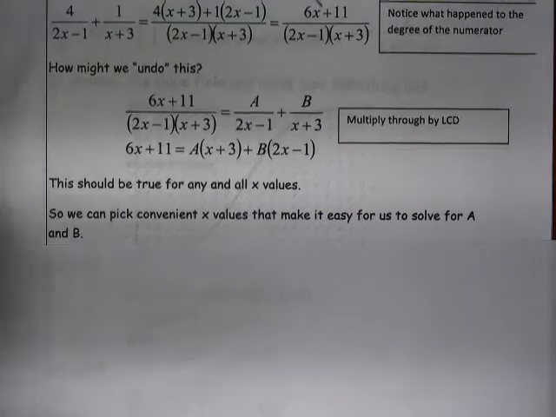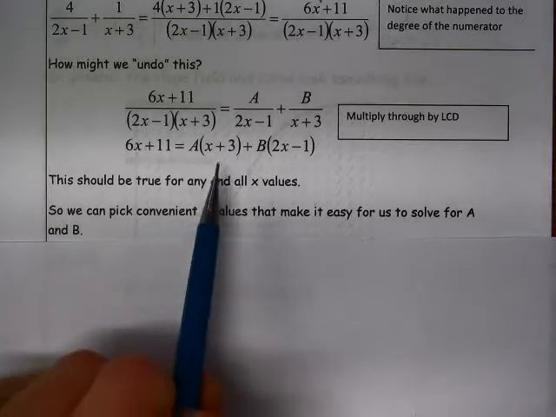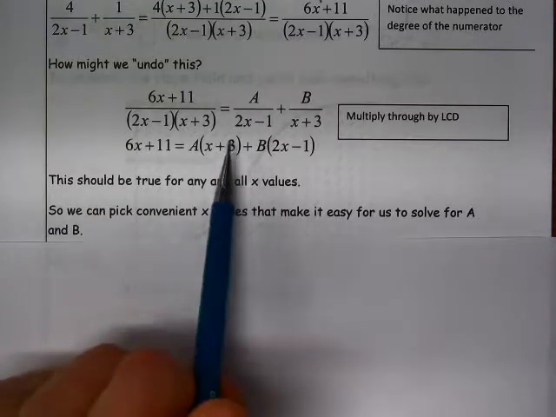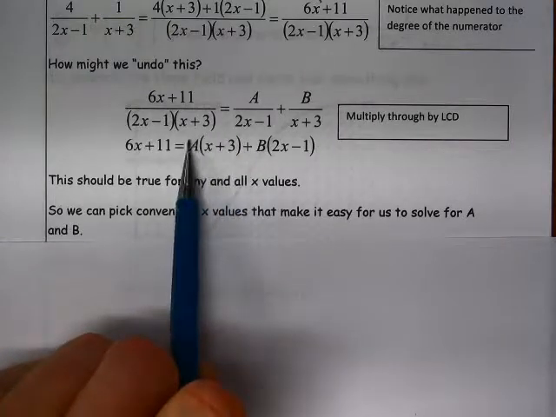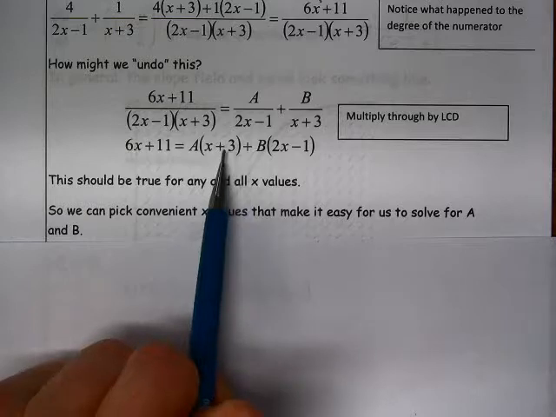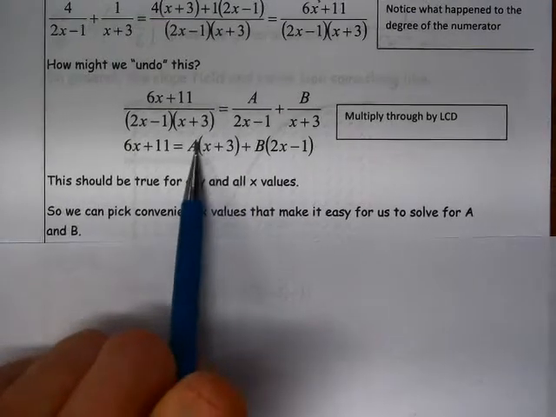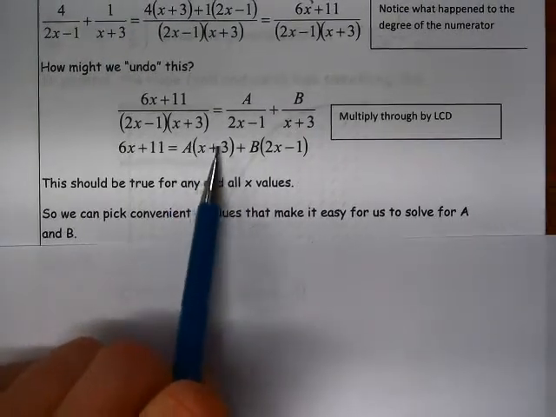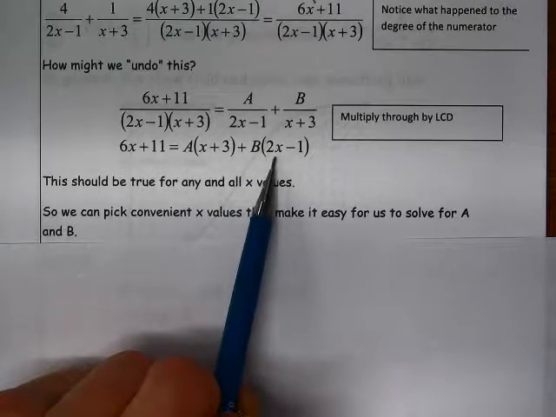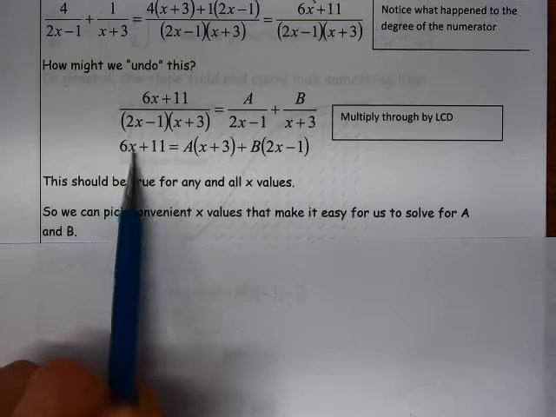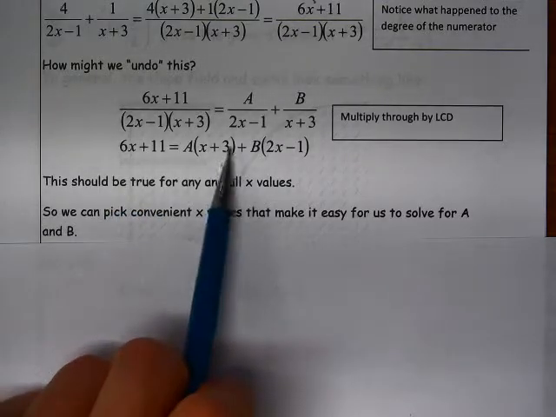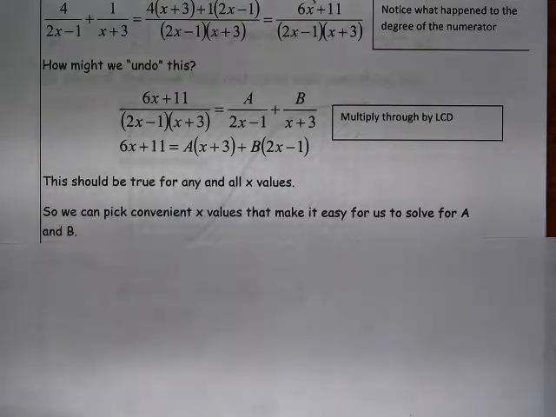So in picking your x values, think about if I let x equal -3, this part in the parentheses would become 0, so this a term would be eliminated, and then I'd have 2 times -3 minus 1 times the b equals 6 times -3 plus 11. And it would get rid of the a for me, and it would allow me to solve for b.